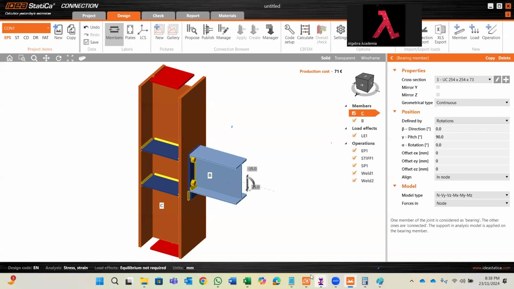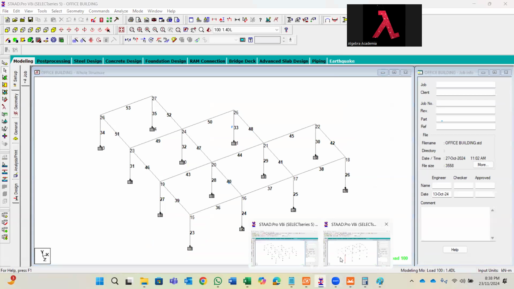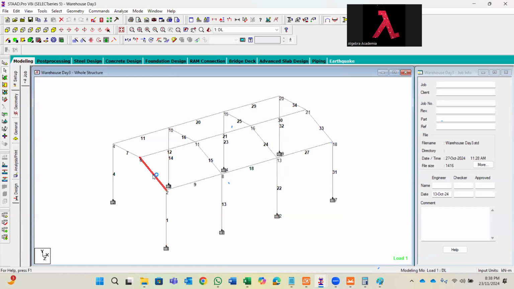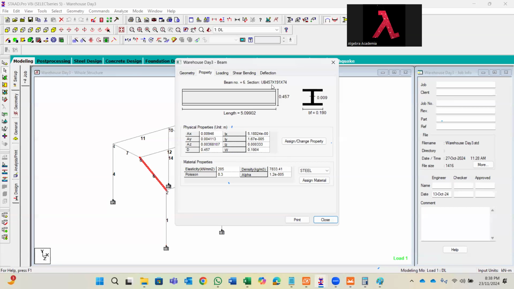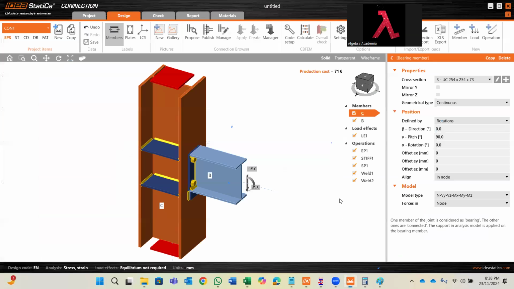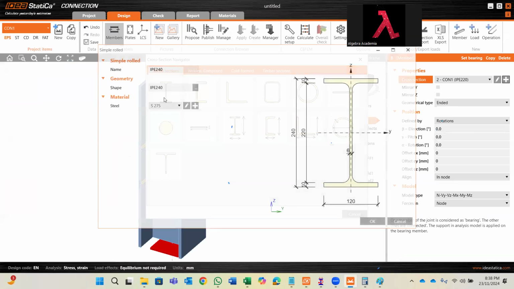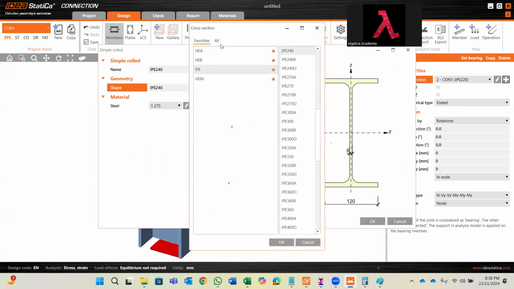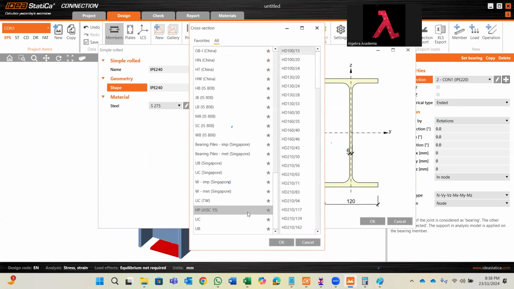Yeah. The beam, 457, 191, 74. 457, 191, 74.